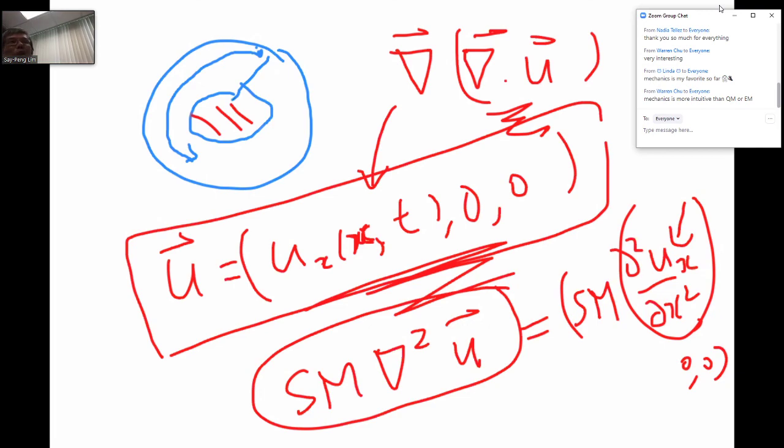I don't know how else to put it. I see. So then I'm assuming there's another theory for electromagnetism considering relativity, right? No, E and M is consistent with relativity. Oh, I see.